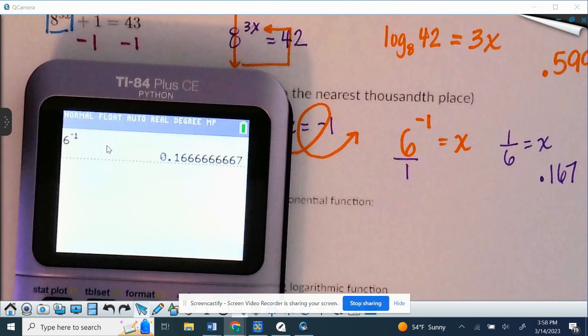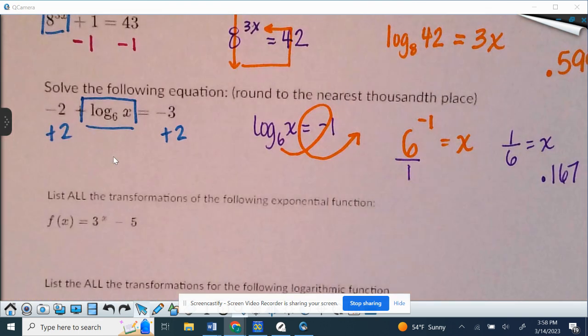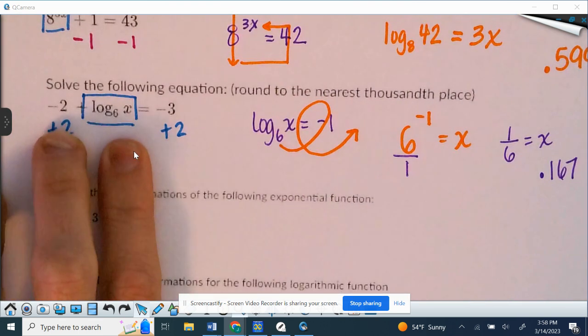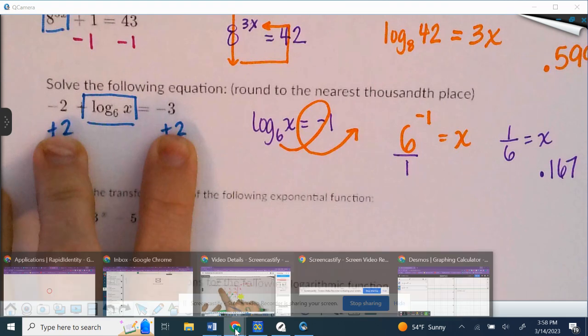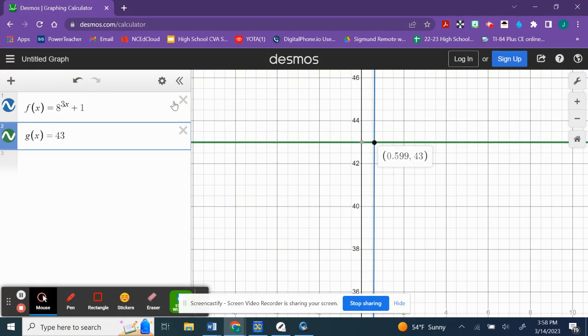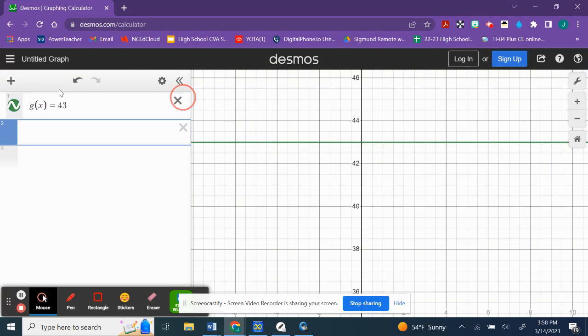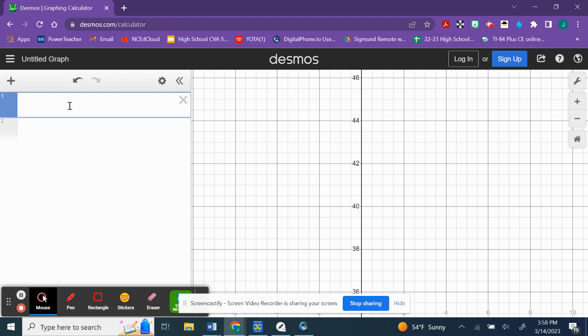Again, we can go check this in Desmos. So you're going to put the entire left side in line 1, and then your output in line 2. So that would be negative 2. We're going to do y equals negative 2 plus log base 6 of x.